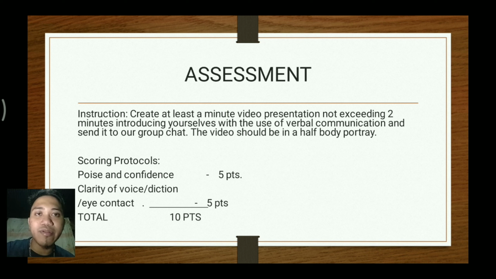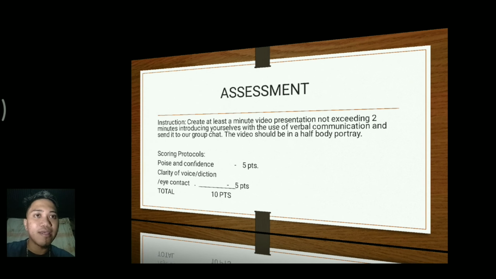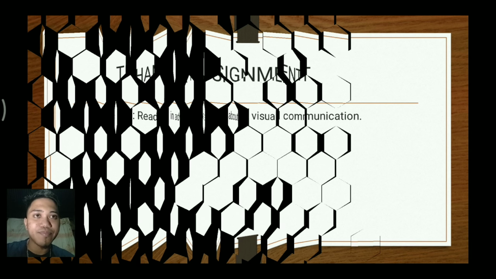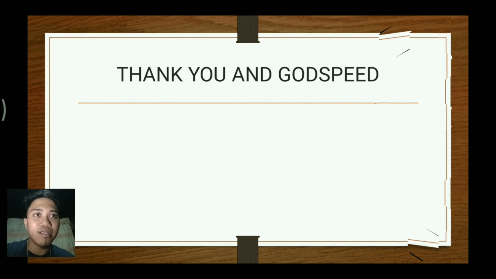The scoring protocols would be poise and confidence, 5 points, and clarity of voice, diction, and eye contact, 5 points, a total of 10 points. As for the assignment, just disregard that one, and read in advance about visual communication.